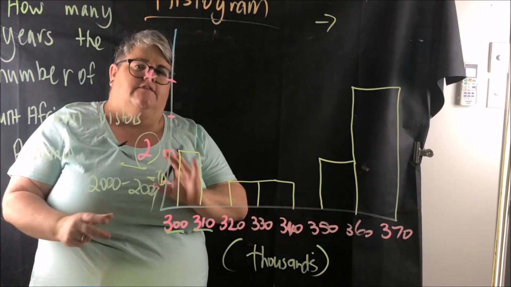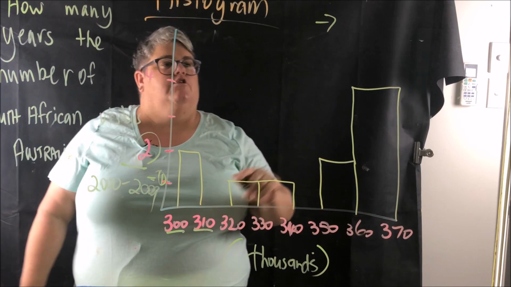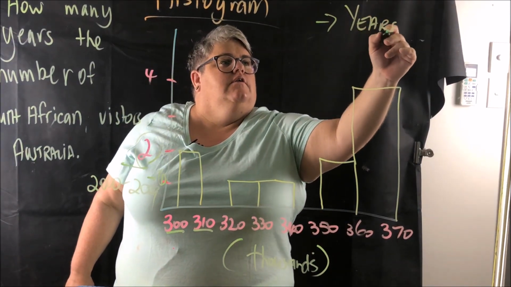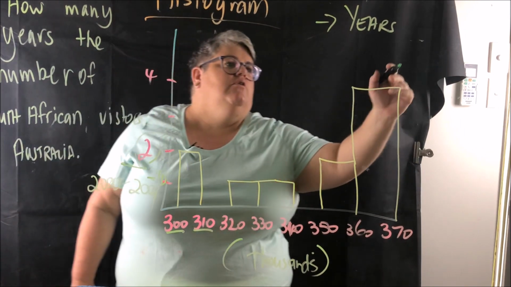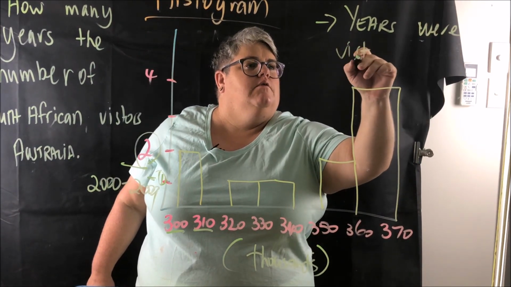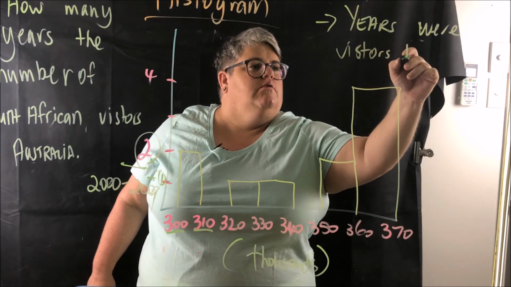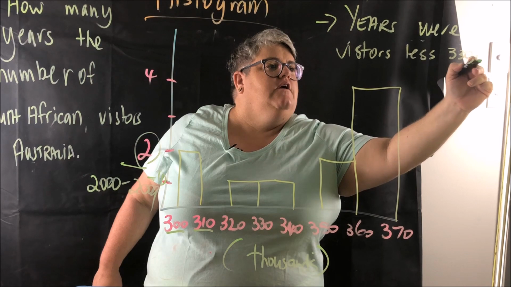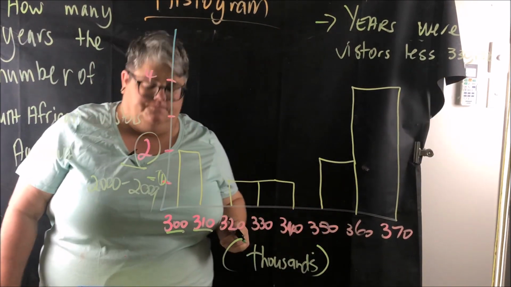Looking at this histogram, I would like you to tell me how many years the visitors were less than 330,000.